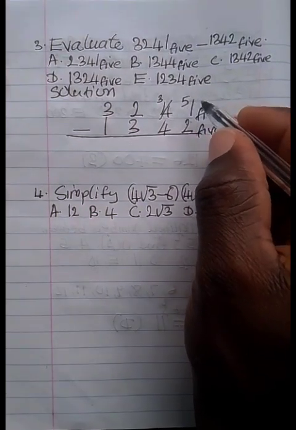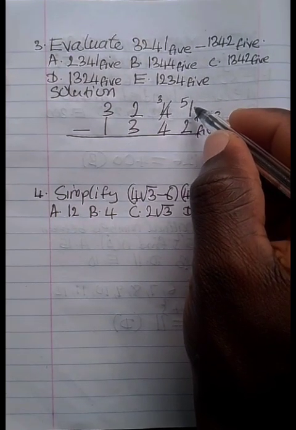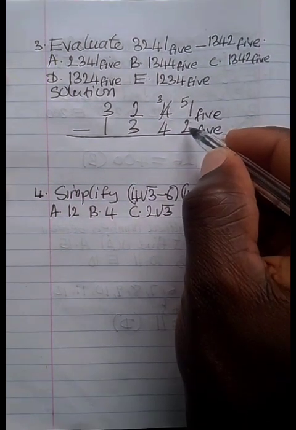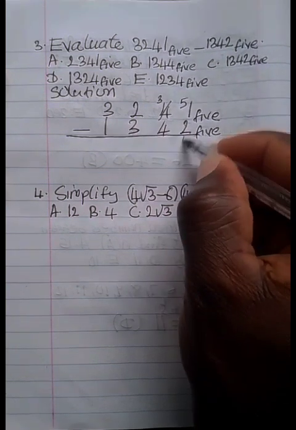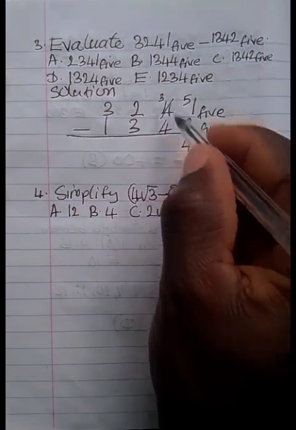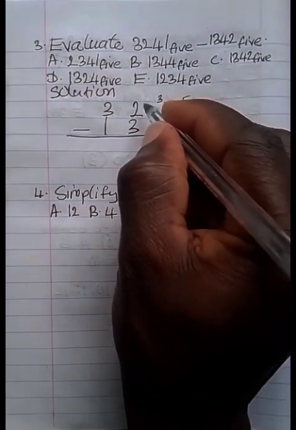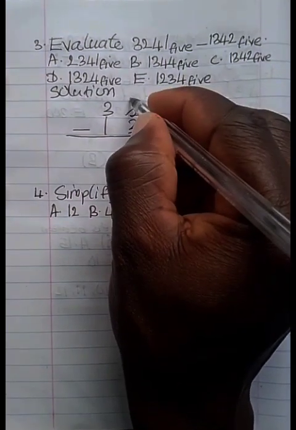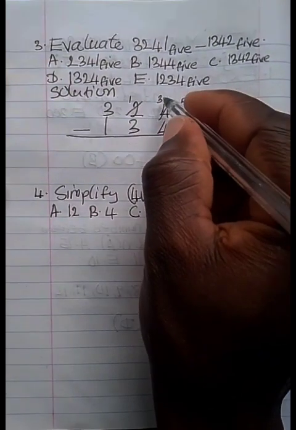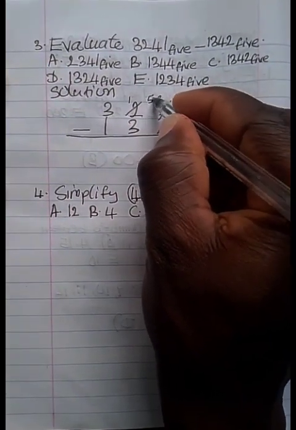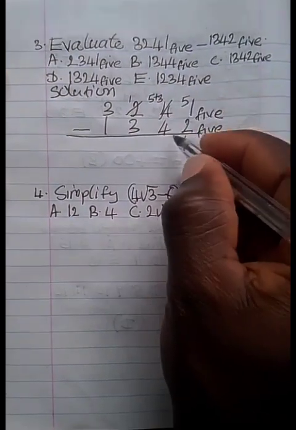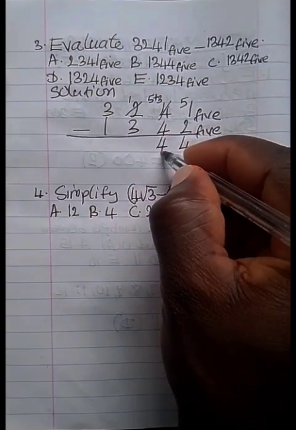So the 1 plus this 5 will give you 6 minus 2, that is 4. Here remains 3 minus 4 cannot. You borrow from here. Here remains 1. The 1 you borrow from here, if it gets here, it becomes 5, which you will add to 3 to become 8 minus 4, that is 4.